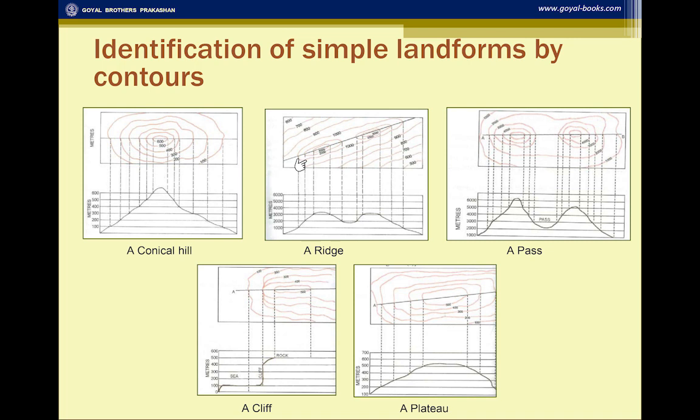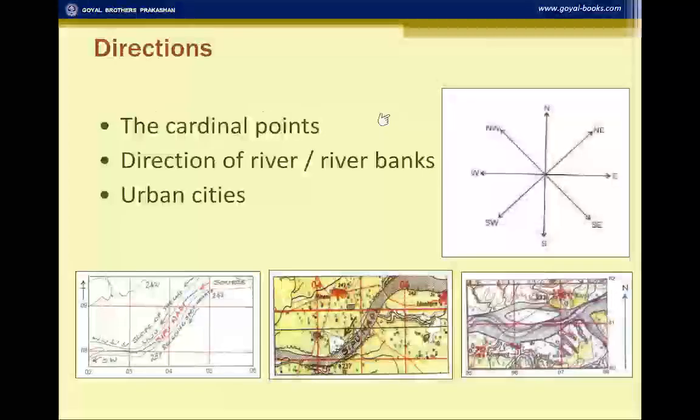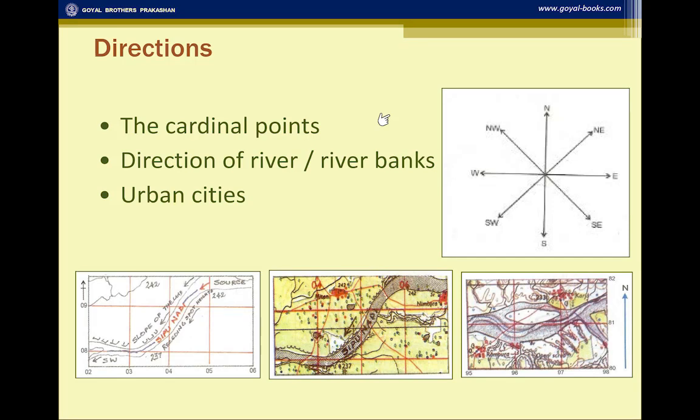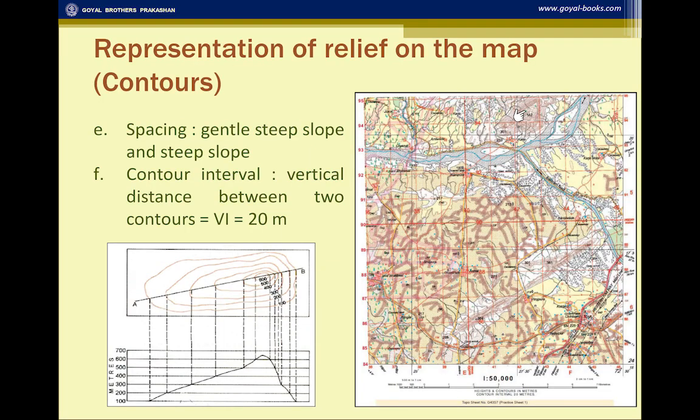A ridge is a raised area which is represented by a longitudinal contour, and it divides. It is also known as a water divide or a watershed.